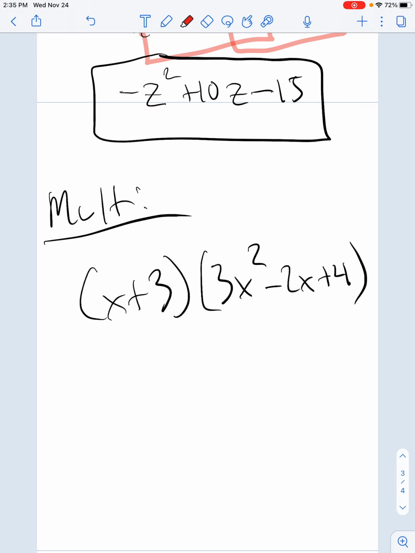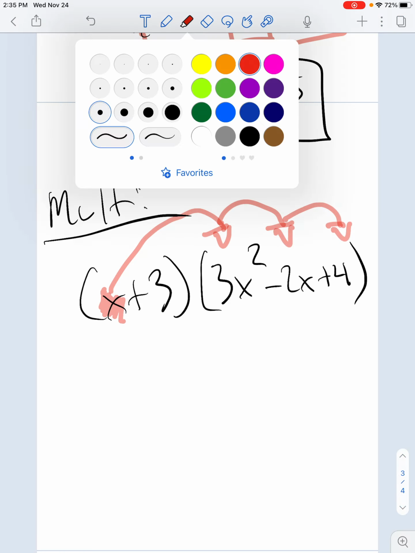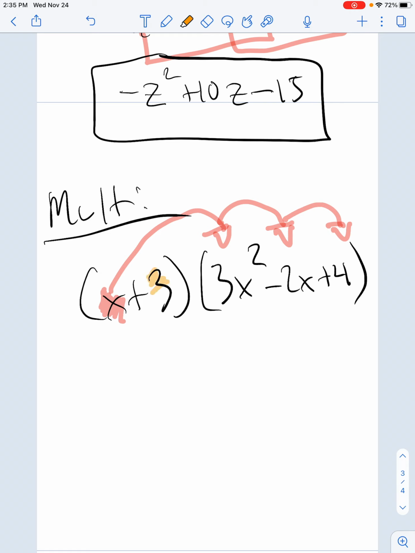So I have to remember that I have to take each of these terms, and this x right here has to be multiplied into each term, and this 3 has to be multiplied into each term.